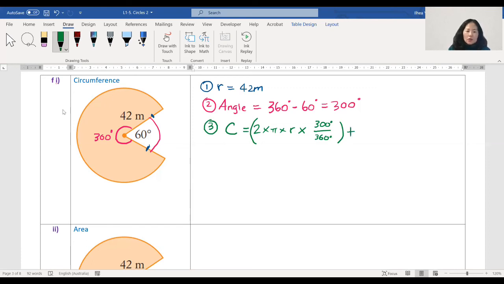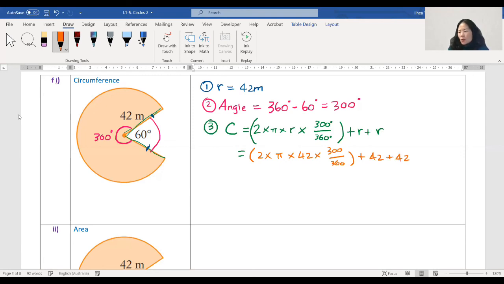We want to know the straight line part, which is the radius and radius. Okay, we have to put the numbers in first. So 2 times pi times radius, which is 42, times 300 over 360, plus 42 plus 42.